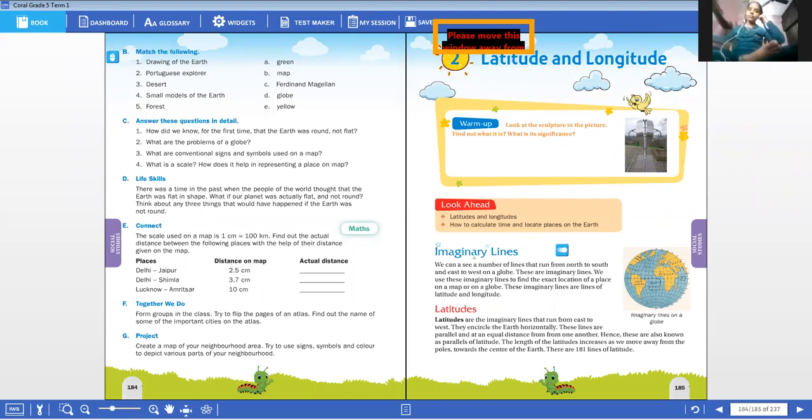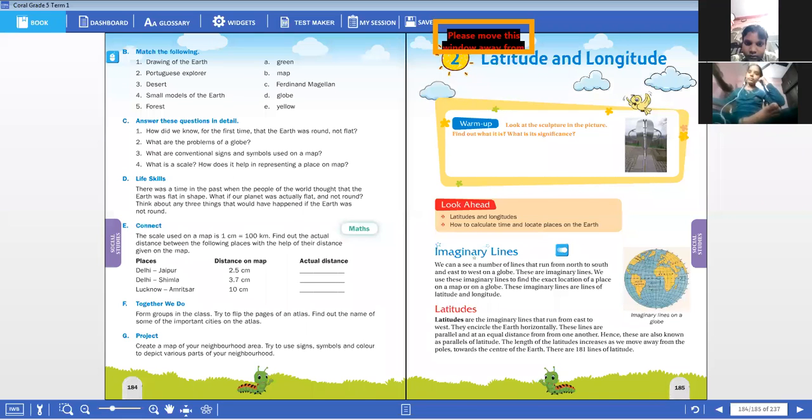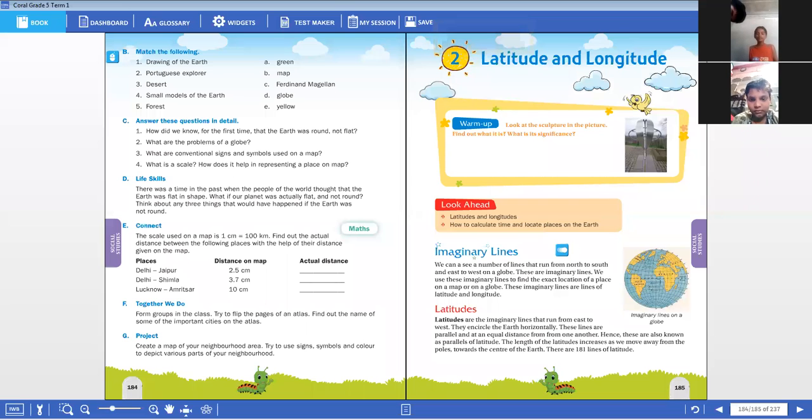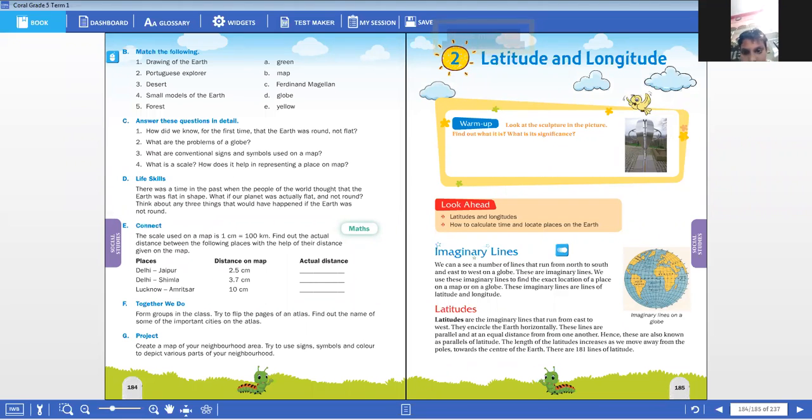Shravani, Sandeep, turn on your videos. Kaja, Farid. Hitendra, where is your book? Kaja, Farid, show me your book. Shivasai, very good, but you have to improve your handwriting.